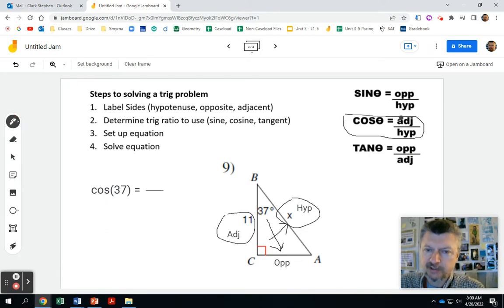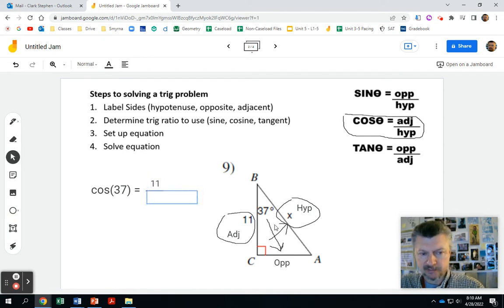As you can see from the information here, cosine is adjacent over hypotenuse. The adjacent side is 11, and the hypotenuse is x, because that's what we're looking for. There we go. Cosine 37 equals 11 over x.